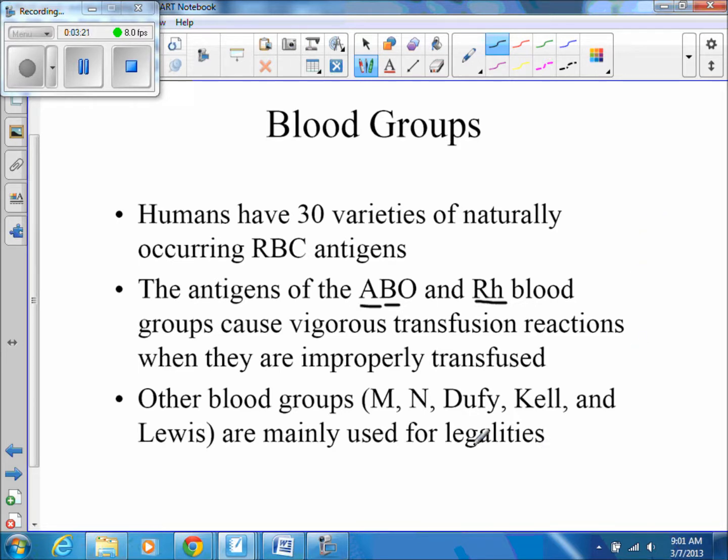A lot of the other types, there's a few listed down here, are ones that won't cause a big transfusion reaction. So it could be used for legal purposes in court trials where they do a blood analysis. However, it's not so important to test for those when donating blood because they will not cause difficulty with blood transfusions.